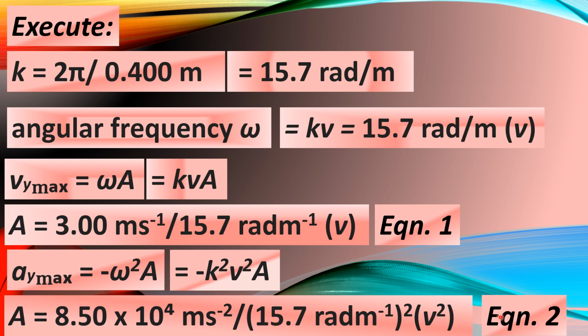So once again, these are the two equations, equation 1 and equation 2. In just a short while, we are going to determine these two unknown variables, or target variables: capital A, the amplitude of the wave, and the wave speed, small letter v, the wave speed of propagation.